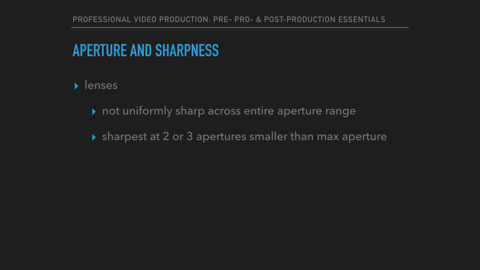Now, this is a really interesting observation that I want to mention about aperture and sharpness. Lenses are not uniformly sharp across the entire aperture range. The general rule is, lenses are usually sharpest about 2 to 3 apertures smaller than the maximum aperture of the lens.